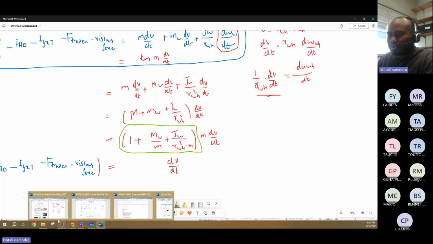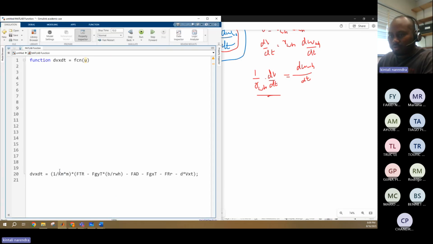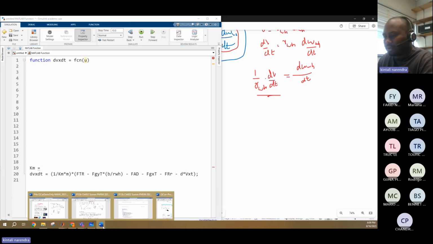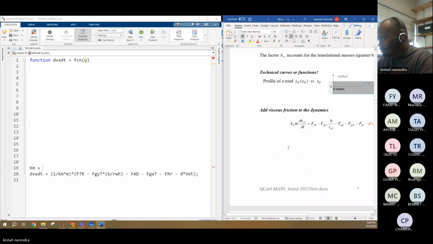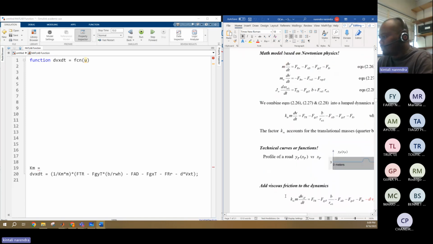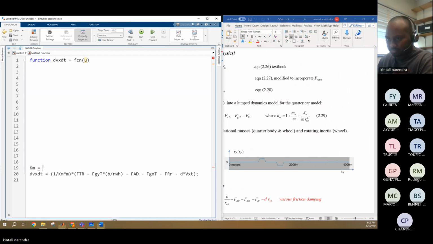Okay, so now you need to write down what Km is. Copy this one. Always copy the variable. Don't type it again. So Km is equal to, in the Word document, you have the equation for Km. No need to go to the derivation here, you can find it in 2.29.